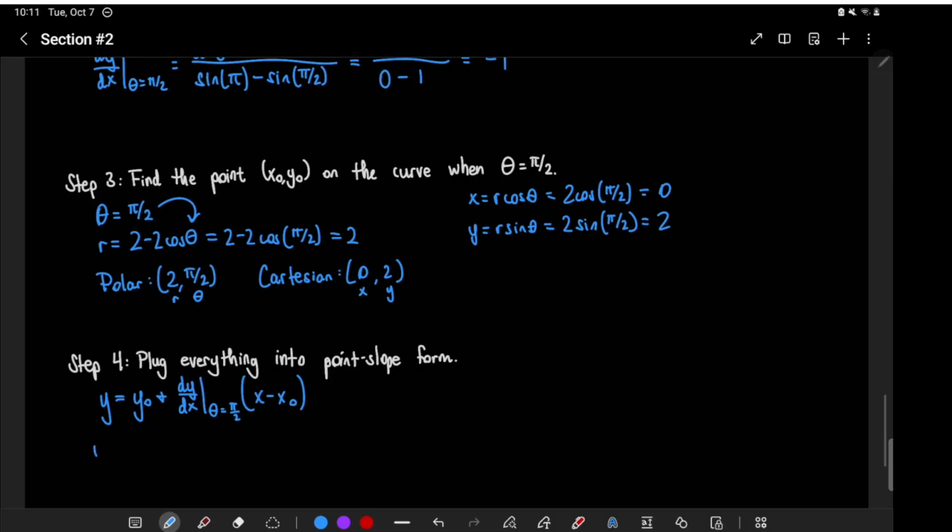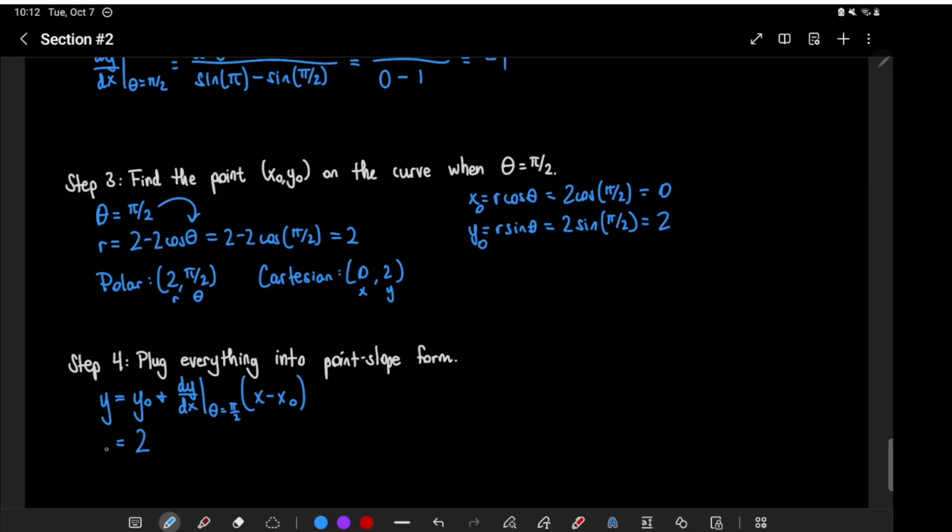If you prefer, you know, you could write y minus y0 equals m times x minus x0 or something, if that looks more familiar. And then, you know, m is just the slope of the curve at theta equals pi over 2. But we'll stick with that notation. Y0 we just figured out. Maybe I'll actually label those x0 and y0.